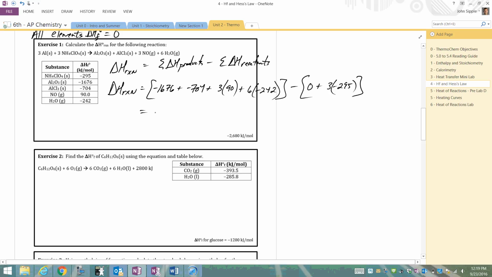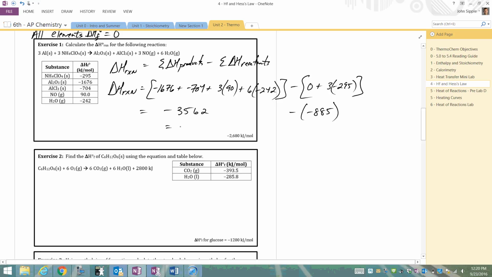So here we go. We just got to break out the calculator. So 3 times negative 295, so I got minus a negative 885. I got negative 3,562 for products. So we'll bring those together, plus 885.